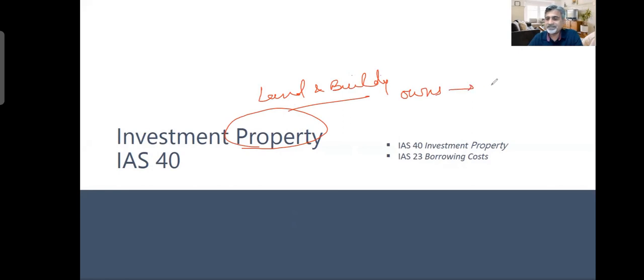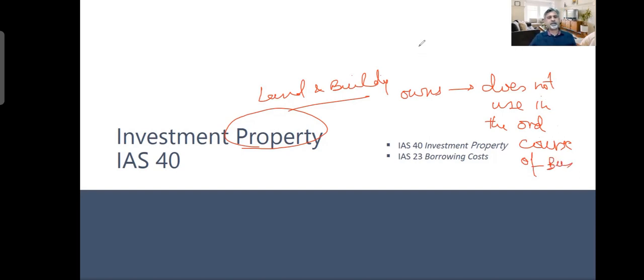but does not use in the ordinary course of business. The language is "in the ordinary course of business", which means that a business has purchased some office premises, maybe some land, maybe some building.